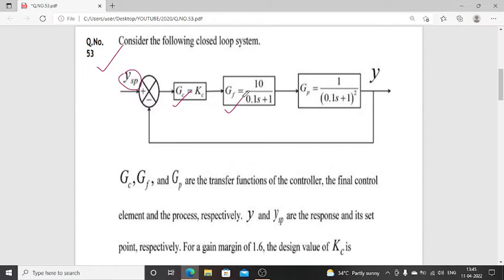GF is equal to 10 by 0.1s plus 1, the transfer function of the final control element. GP is equal to the transfer function of the process, 1 divided by (0.1s plus 1) whole square. Y is equal to response or output.